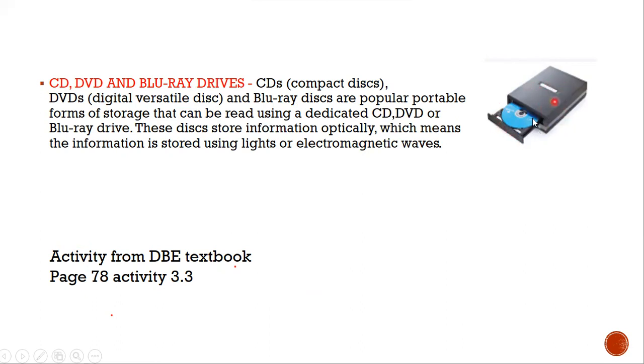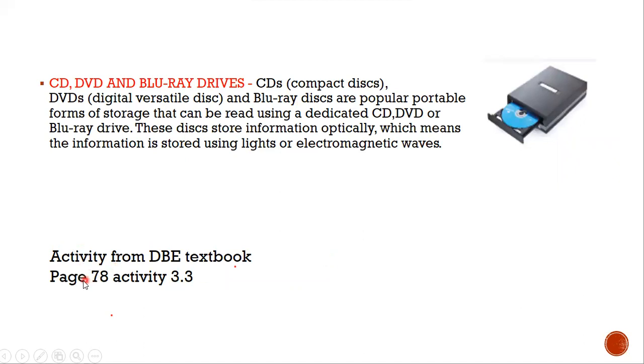So there's a drive here that can read the discs. These discs store information optically, which means the information is stored using lights or electromagnetic waves. So it uses optical technology. Your Blu-ray discs have a far larger capacity than your CD or DVD.